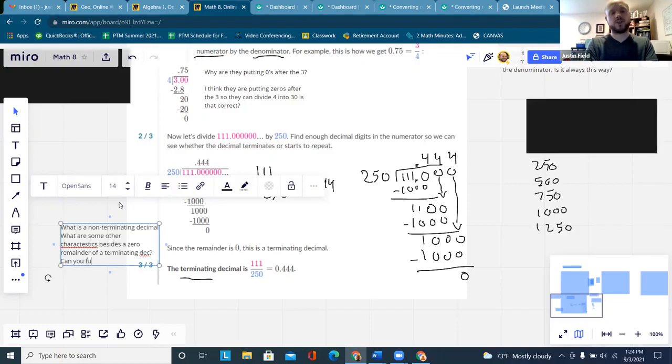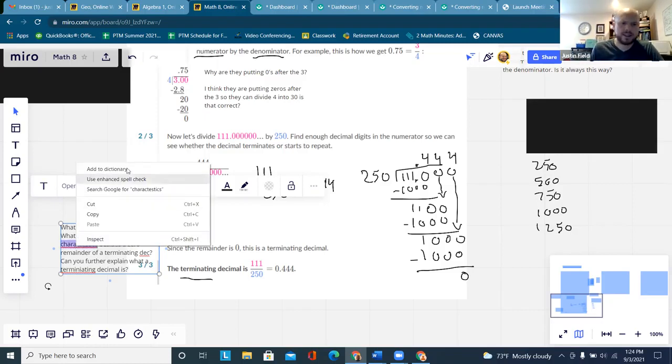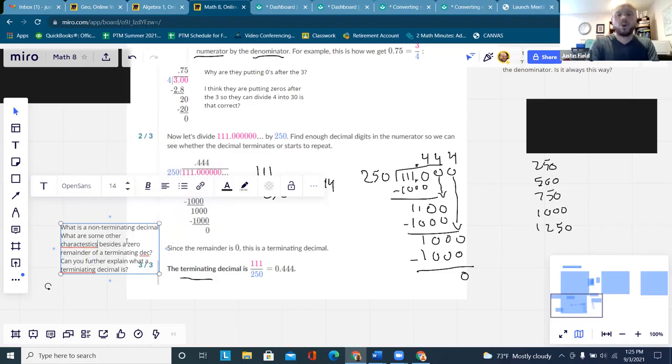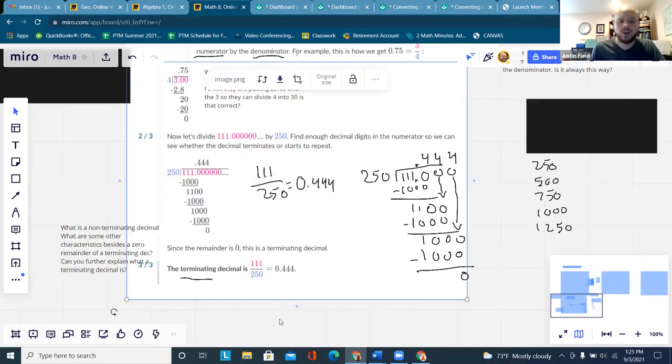Can you further explain what a terminating decimal is? So you might be like, all right, there's a remainder of 0, but I really could use more of an explanation than that. And that's okay. All right. If I didn't spell that right, then we're just going to leave it. Okay, so there we go.